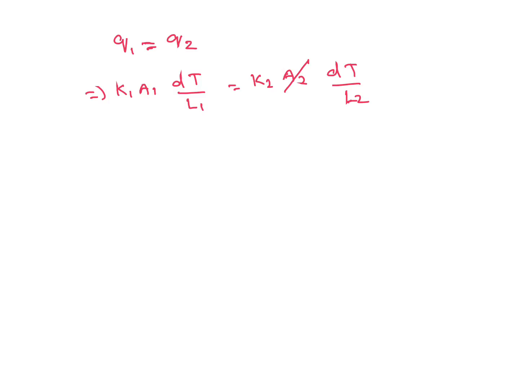We will apply Fourier's law of heat conduction. In both slabs, the heat transfer rate is the same. So Q1 equals Q2: K1 A1 dT by L1 equals K2 A2 dT by L2. Area is the same, as given in the question.